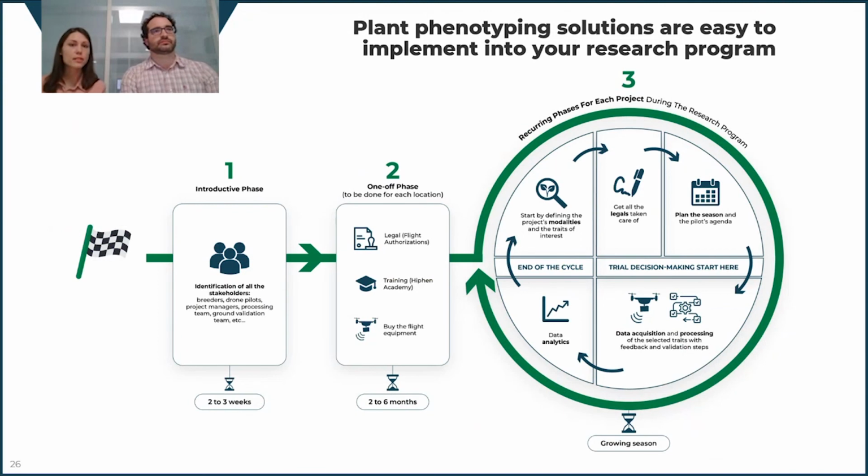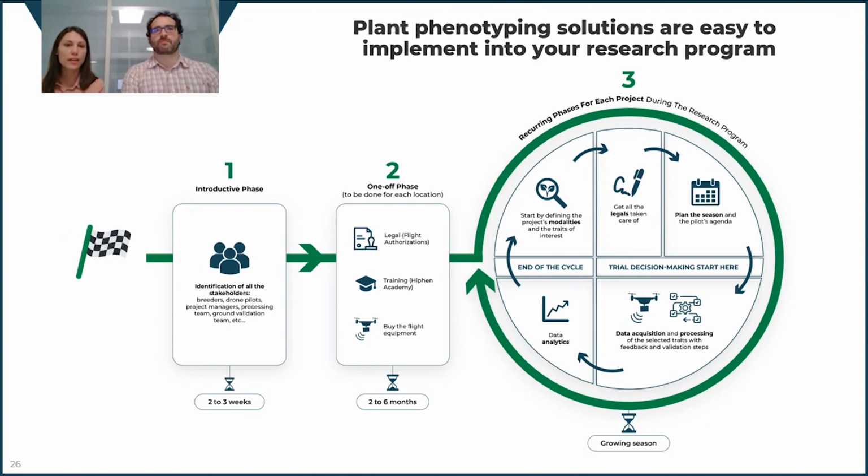Most of our customers want to start digital plant phenotyping by using a drone. This is why we created a drone implementation plan, which consists of several steps. Throughout this process, we are here to help you, to tell you step by step what you need to do.